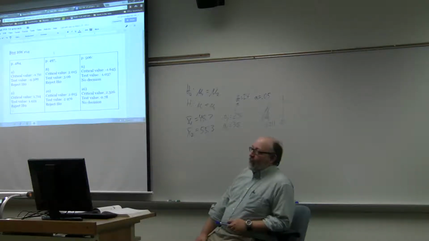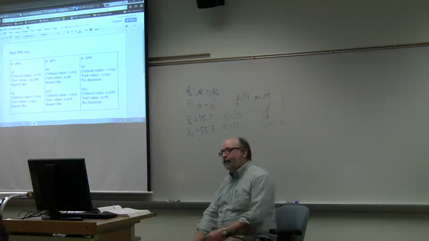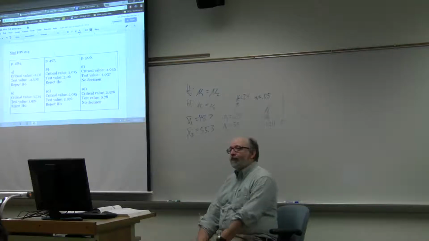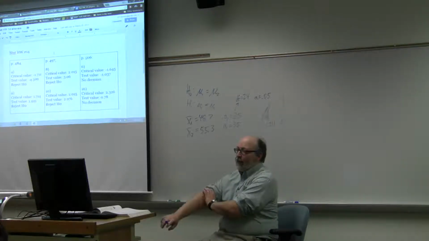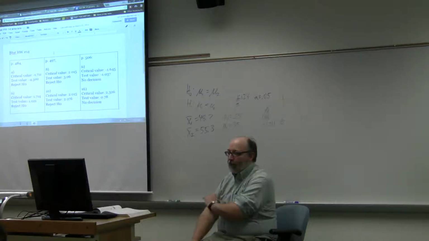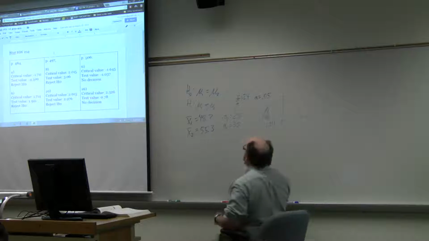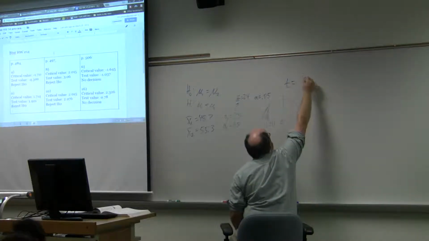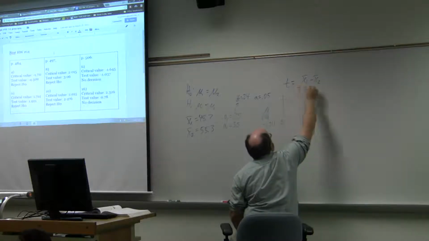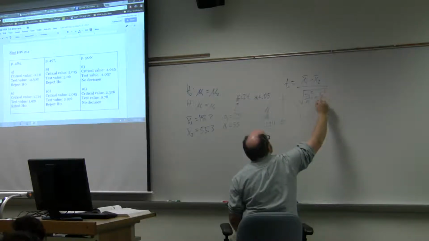So, what's our next step then, Vanessa? You have to find the test value. We need the formula for the test value when we're doing the difference of two averages. And that formula is t equals x bar 1 minus x bar 2 divided by the square root of s1 squared over n1 plus s2 squared over n2.